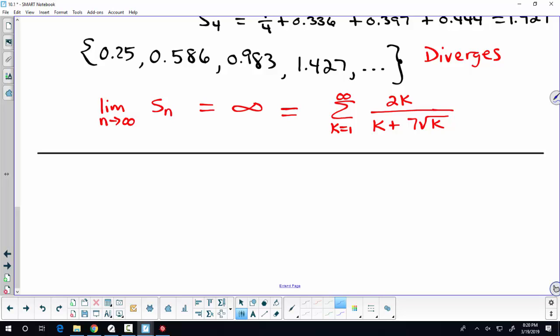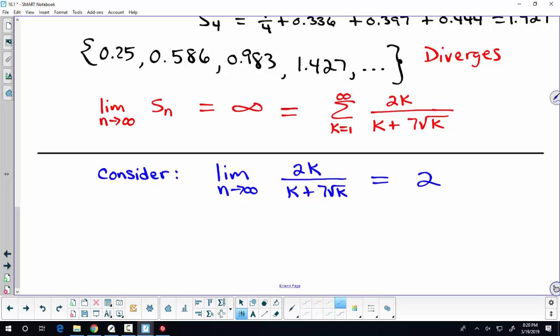So let's just consider the limit as n goes to infinity, what we just said, of 2k over k plus 7 root k. That limit is equal to 2.